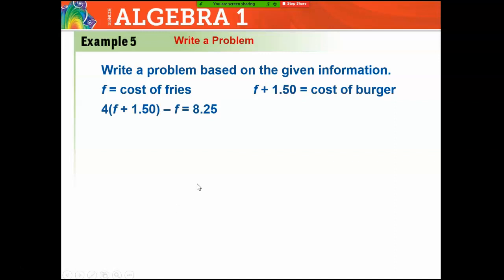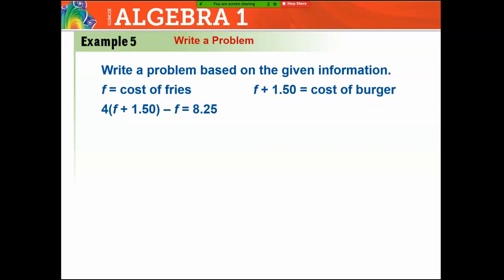So, the last part of this unit is being creative. I want you to write me a word problem involving this information. So we know that fries are represented by letter F. The cost of a burger is the cost of fries plus $1.50 more.